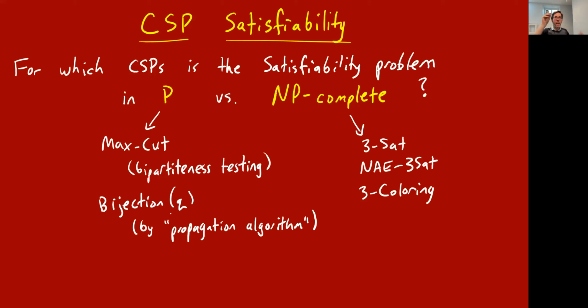Assuming this variable participates in some constraints, the bijection property of the constraints means that as soon as you decide on a domain value for one variable, all the constraints, by the way, are binary, it forces a unique choice for the assignments of all the variables it participates with in constraints.